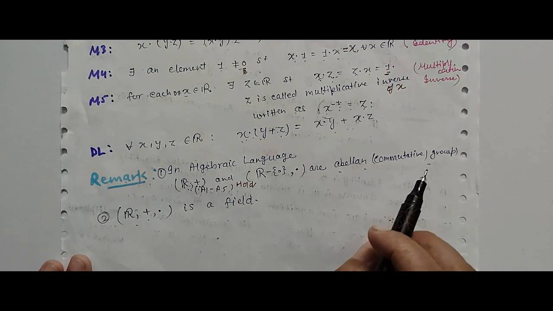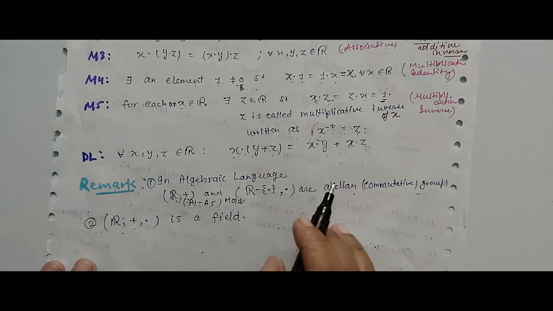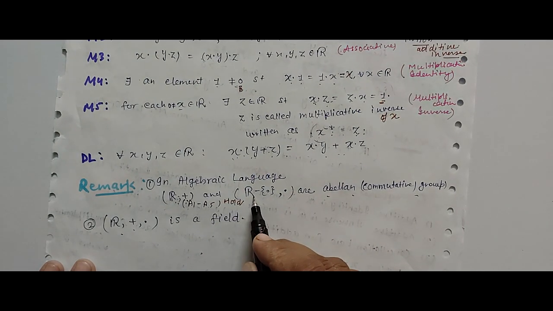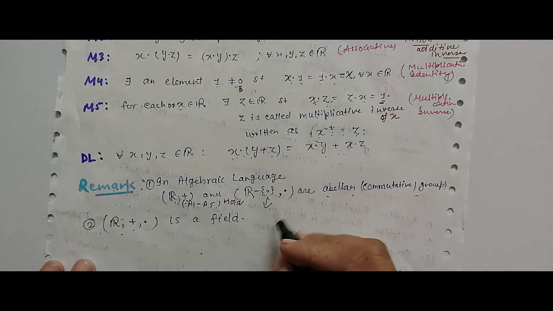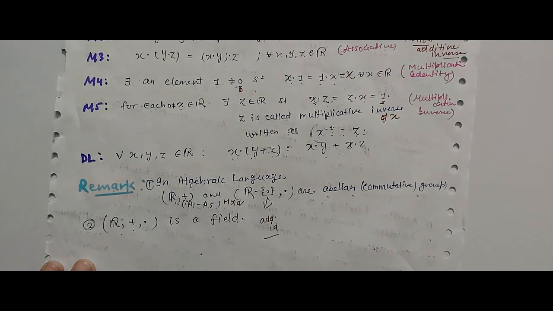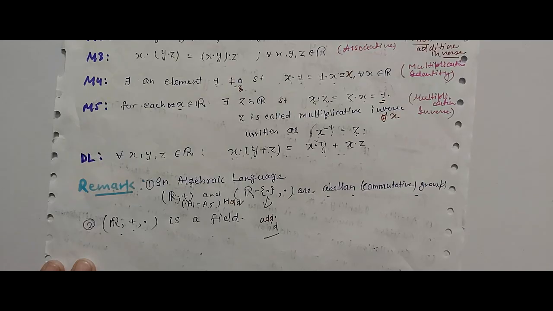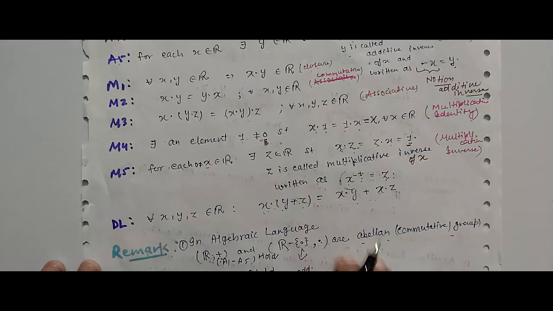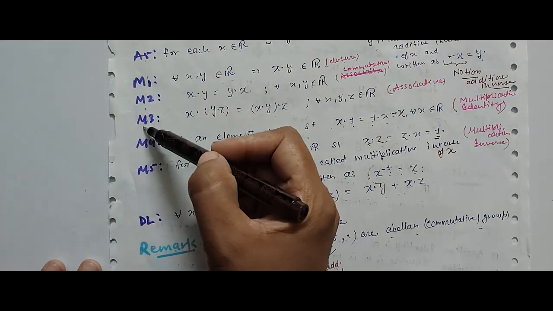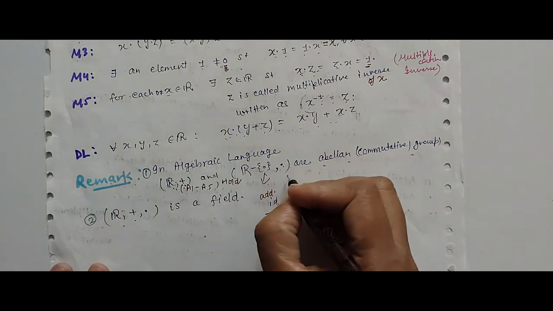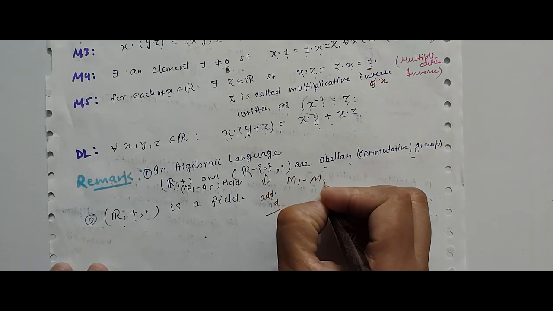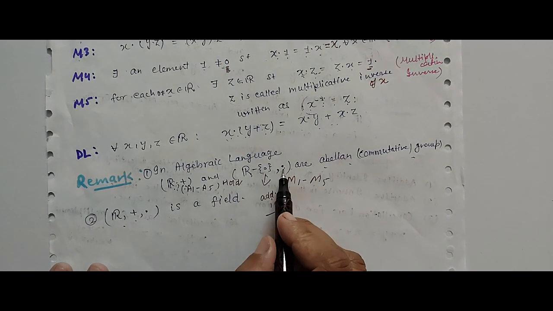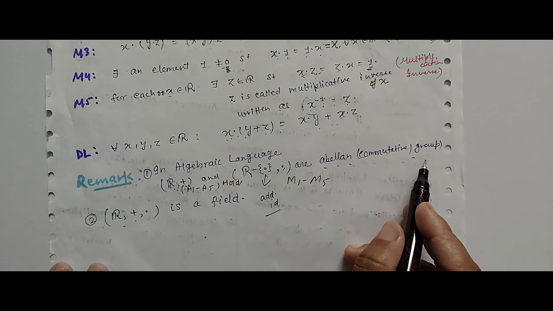Similarly, if you take the set R excluding 0, where 0 means the additive identity, and take the operation multiplication and the axioms M1, M2, M3, M4, M5, then this R minus 0 with multiplication is also an abelian group.